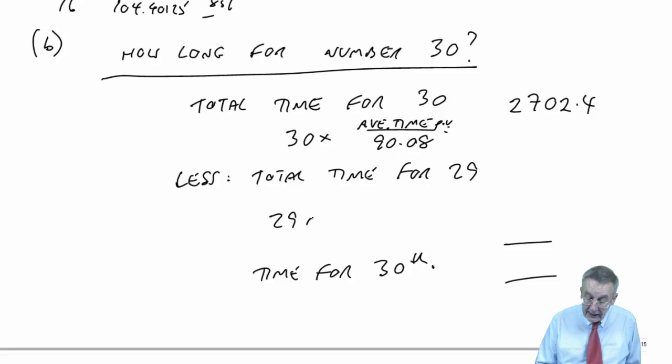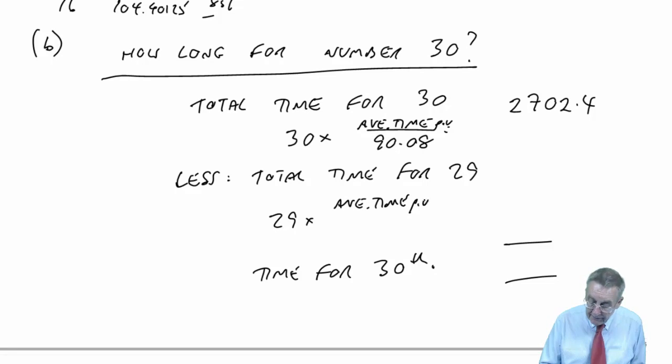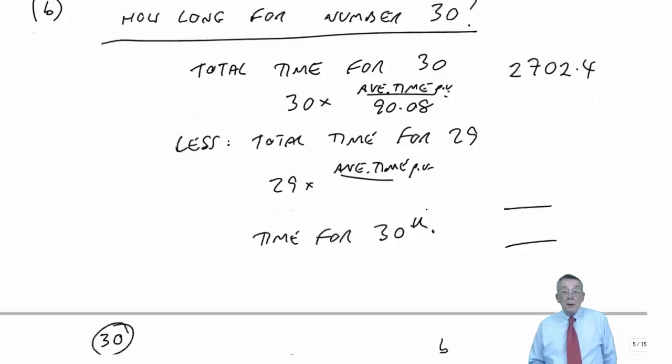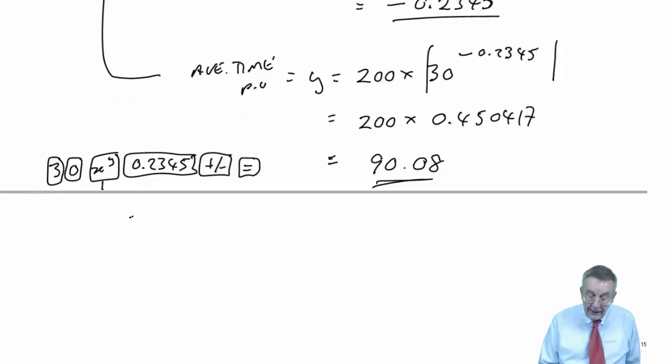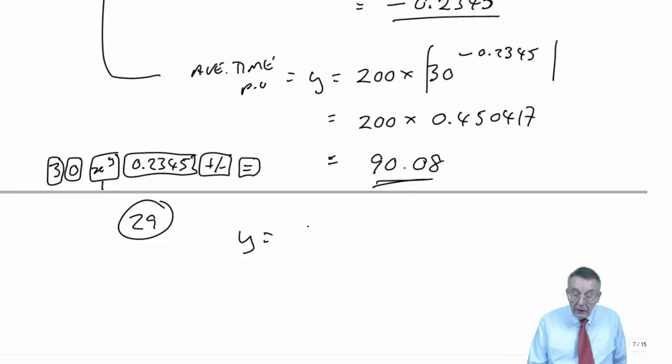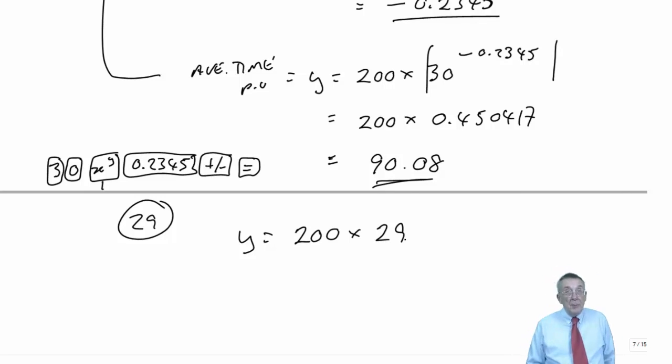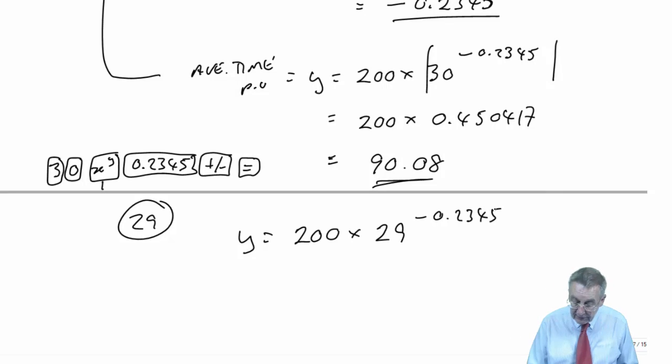So same idea, 29 times the average time per unit. But of course the new average time will be a bit different. So I'll use the formula again, this time for 29. The average time, the time for the first, times the number of batches, 29, to the power b. Well, once you've got b, it's the same all the way through, minus 0.2345.